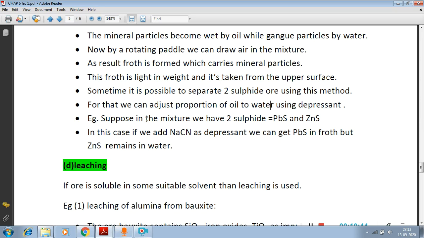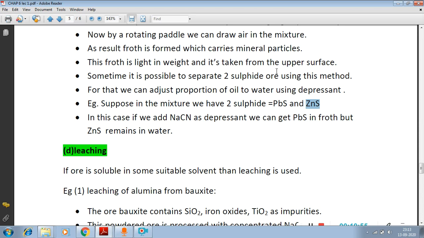Suppose we have 2 sulfides in the ore, suppose that they are PbS and ZnS. Now we are adding a depressant here. As depressant we have NaCN, sodium cyanide. Again, the name of this compound is sodium cyanide, and it is used as a depressant in the froth flotation method. So what will it do?